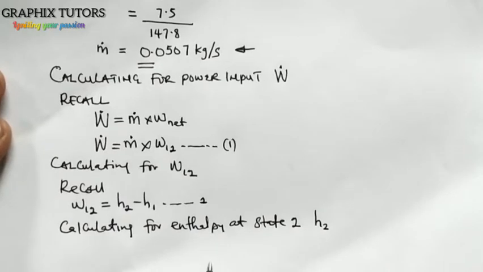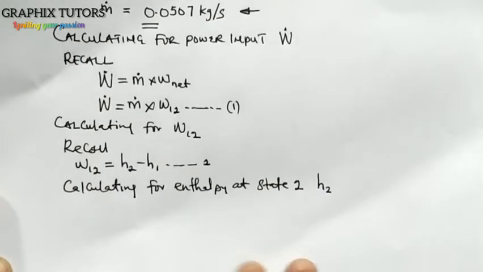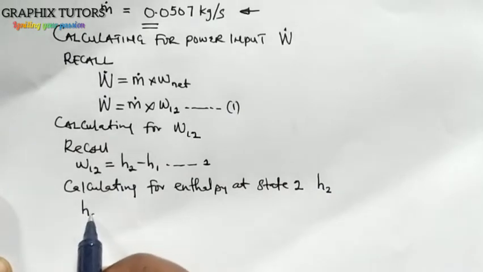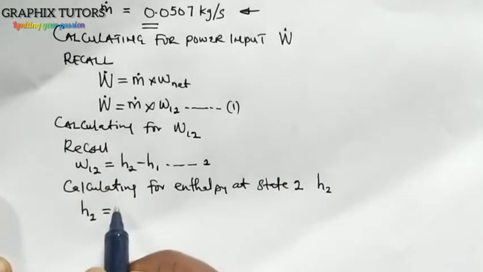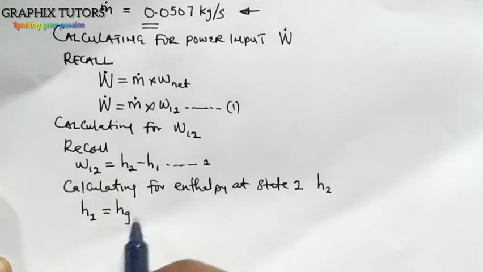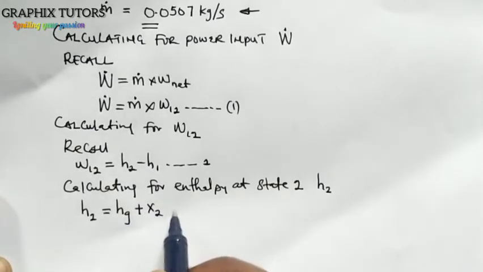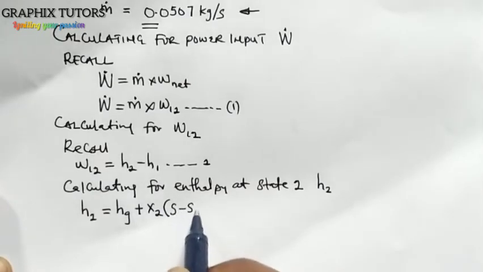Is that okay? So from that point, I'm going to say that my H2 is equal to my Hg plus my H2 into bracket X minus Sg. It is superheated, so we're using that formula.